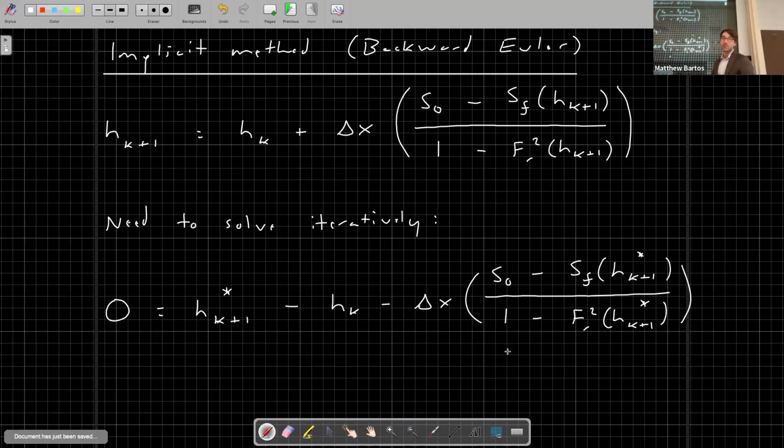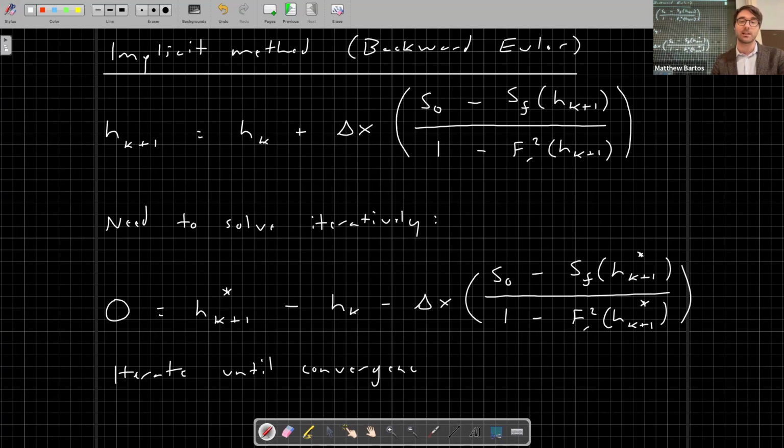And we iterate at each step until convergence. So it's similar to the explicit method, except that at each spatial step, we solve this equation iteratively for the depth hk plus 1 at the next step in sequence.